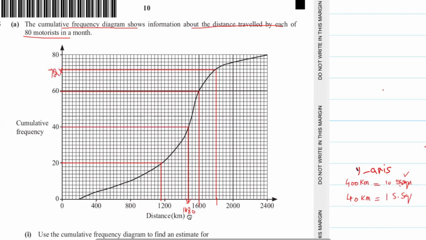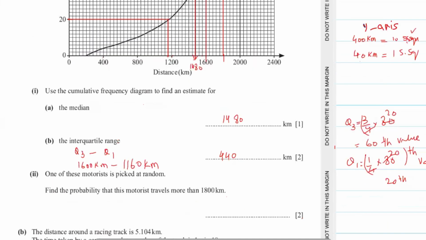We have to calculate the probability that the motorist travels more than 1800 kilometers. We write the number of motorists that travel more than 1800 kilometers divided by the total number of values.